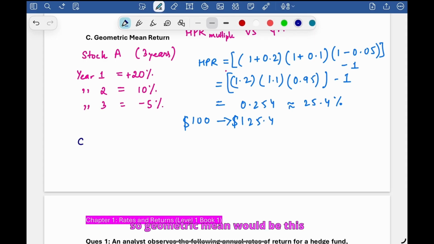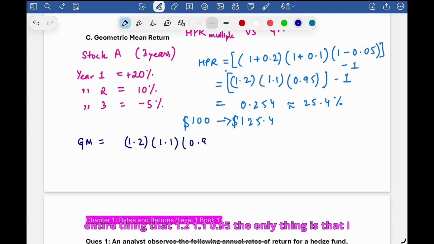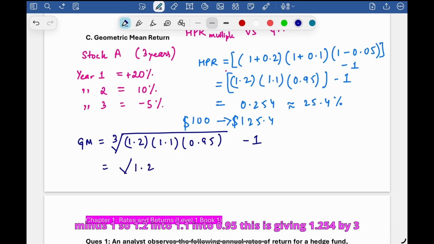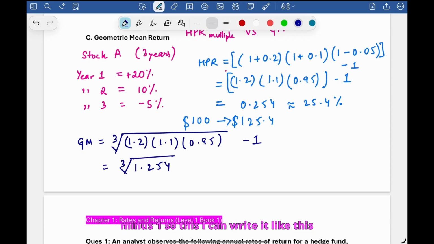So the geometric mean would be this entire thing: 1.2, 1.1, 0.95. The only thing is that I have to take the cube root, and then minus 1. So 1.2 into 1.1 into 0.95 gives 1.254, to the power 1 by 3, minus 1.